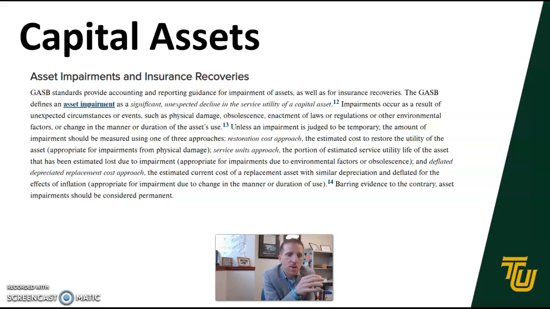Impairments occur as a result of unexpected circumstances or events such as physical damage, obsolescence, those sorts of things. So what we're seeing there is that there's just this lack of use, lack of purpose for those assets, and in those situations, the value then is called impaired. Just like a handicapped person, right? They're impaired. It's not whole. It's not complete in its entirety.